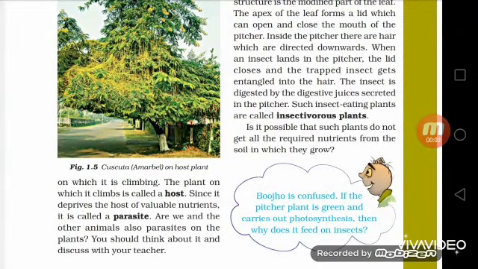Are these parasites only found in plants, or are they found in animals too? Yes, it is true, parasites are found in animals too. Examples: bed bugs, mosquitoes, some kinds of worms, some kinds of insects. These all are called parasites. Bed bugs, as you know, depend on humans or other animals.